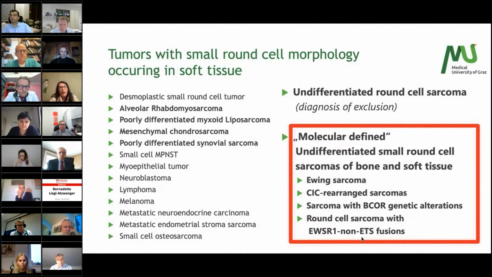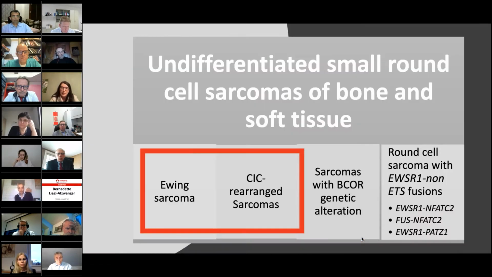One part of those, as I have already said, are like alveolar rhabdomyosarcoma, myxoid liposarcoma, poorly differentiated, but we also have to deal with carcinomas, melanomas, and lymphomas, and we need clinical information upfront to use good IHC panels, and this is essential to spare the tissue for further analysis.